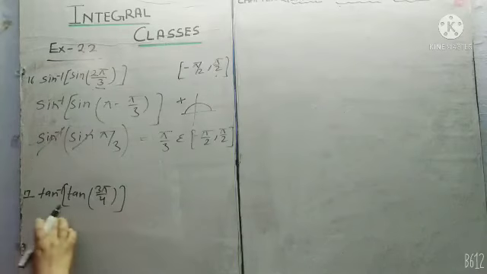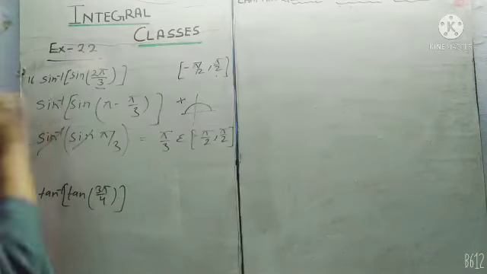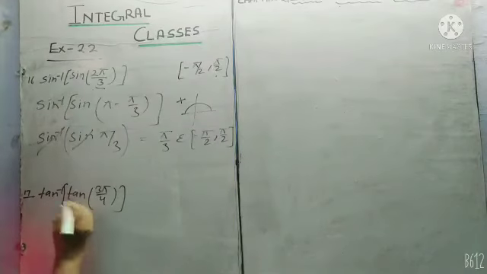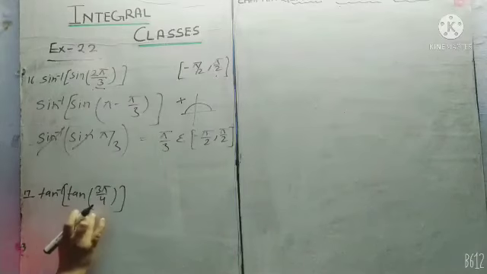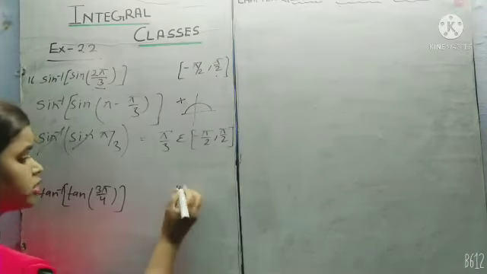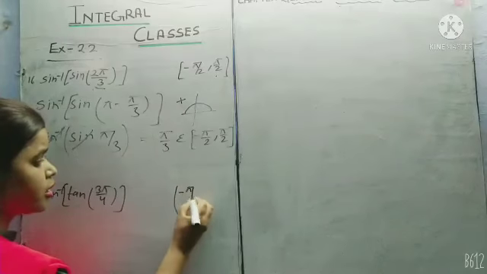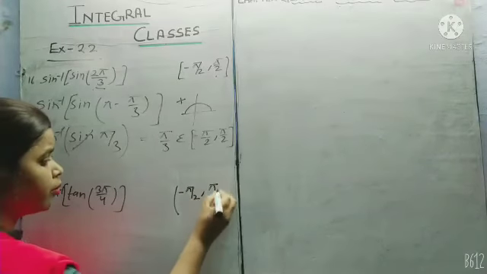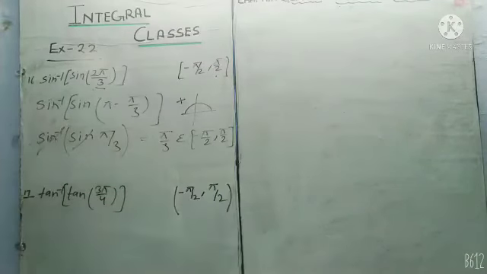Similarly, this question is also question number 16. Again here we know that the principal value range of tan is minus pi by 2 to plus pi by 2.